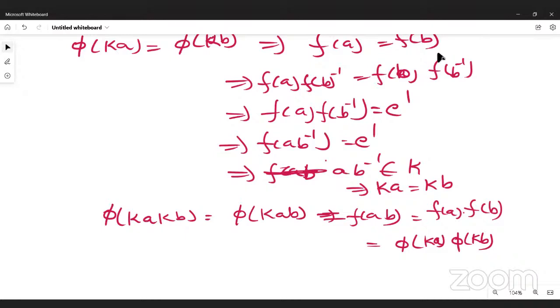Students, try to learn the simple theorems. Let us build the concepts from the basics. From the groups, what do you mean by a group? A non-empty set equipped with a binary composition is said to be a group if the binary composition satisfies the properties of associativity, identity, and inverse.